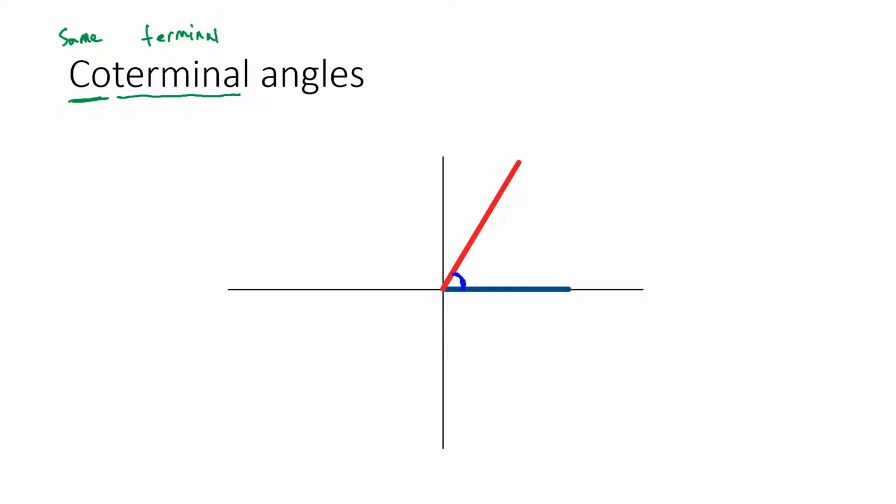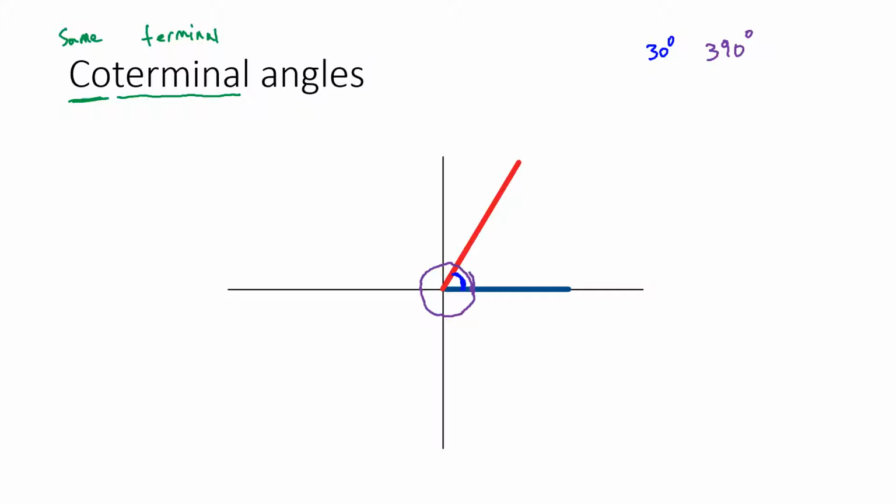But let's say that as opposed to 30 degrees, I wanted 390 degrees. For 390 degrees, I would still start on the positive part of the x-axis. Then I'd count until I have 390 degrees. So I'd end up here, 90, 180, 270, 360.